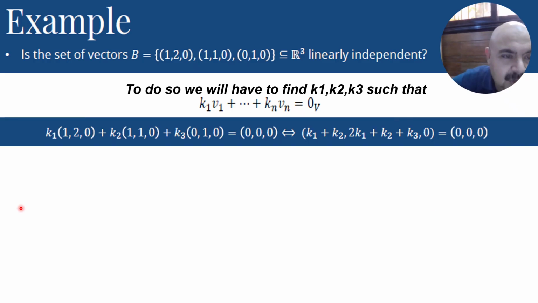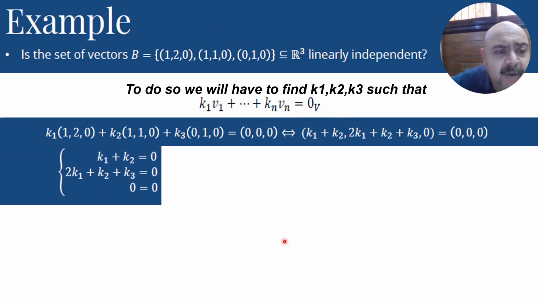And once more, I will multiply K1 by 1, 0, K2 by 1, 1 and 0, K3 by 0, 1 and 0, and put them all equal to 0. Now I will have a system of equations. If you notice, that's the first vector, which is the first column, the second vector, which is the second column, and the third vector, which is the third column.